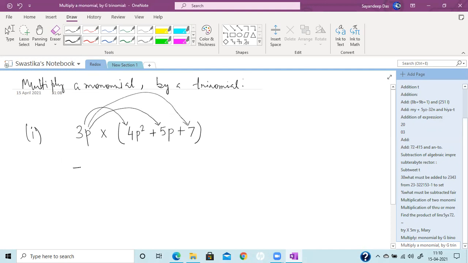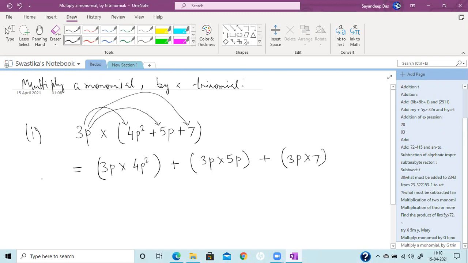So we will write like this: 3p into 4p square first, and all the signs are positive, so no need to worry, then 3p into 5p plus 3p into 7.